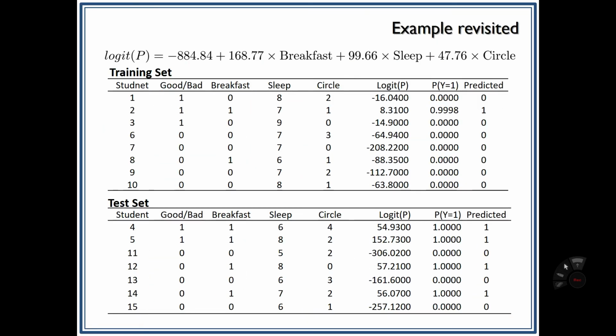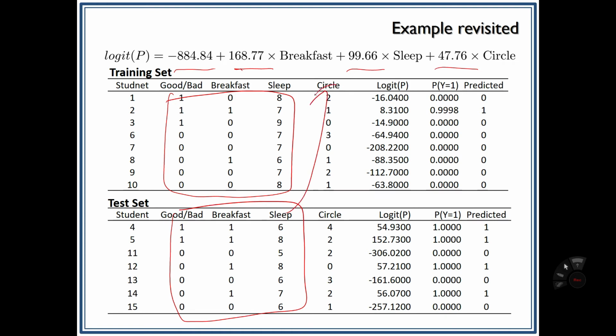But in this example, we just used 8 observations, so the estimated coefficients are different from those that we obtained before. And then we put these x values into the model, right?